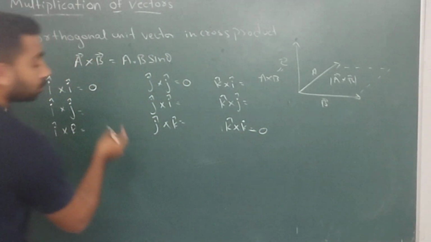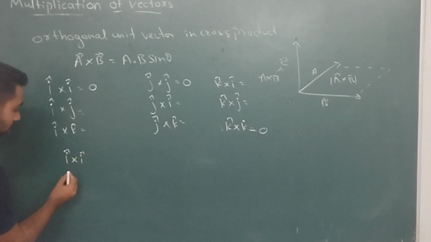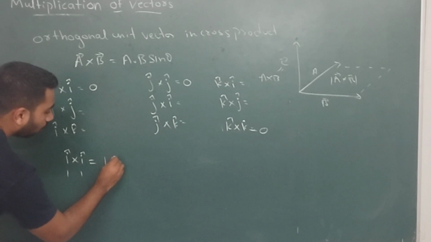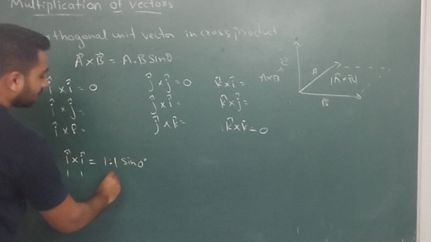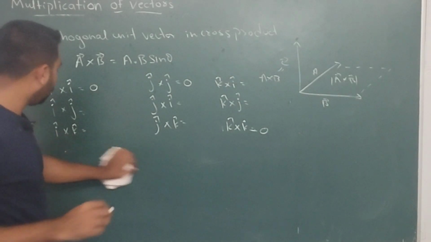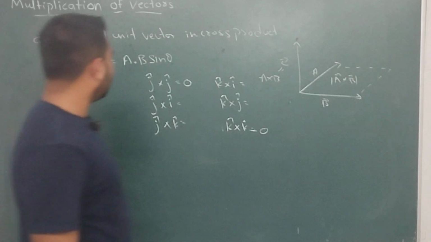I will show you: if we take i into i, which is a unit vector with magnitude 1, magnitude 1 times sine of 0 degrees. Sine 0 is equal to 0, so everything becomes 0. Right? Okay.